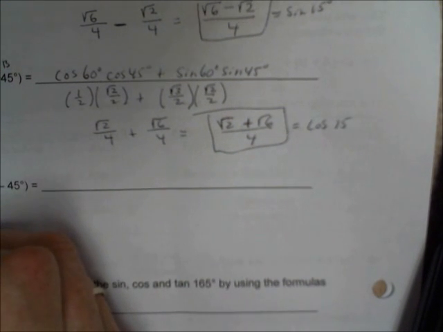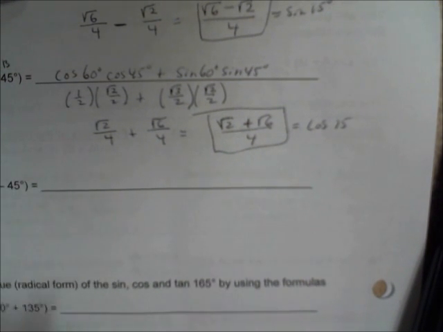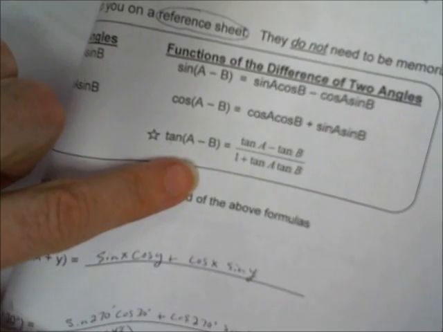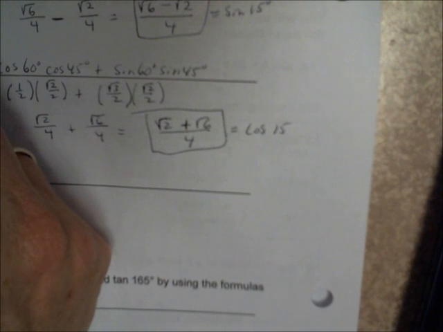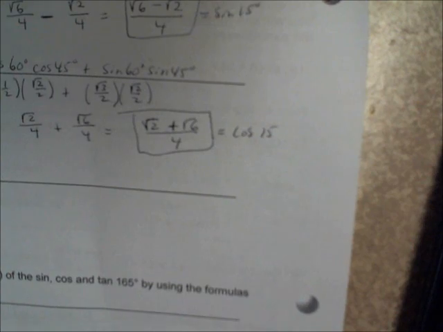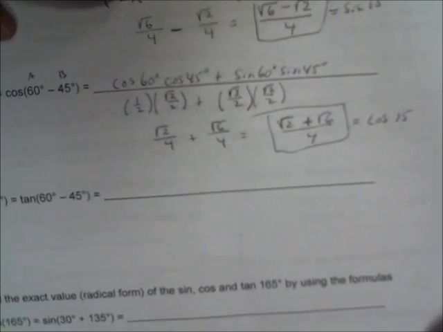The next thing we're going to do is the tangent of 15 degrees. So we have a choice. We can either use the tangent of A minus B formula, or if we want to, we can do the sine of 15 divided by the cosine of 15. Well, let's just use our tangent formula since we haven't used tangent yet.